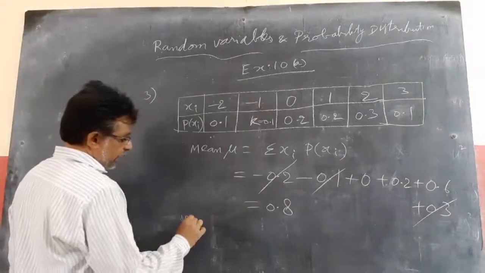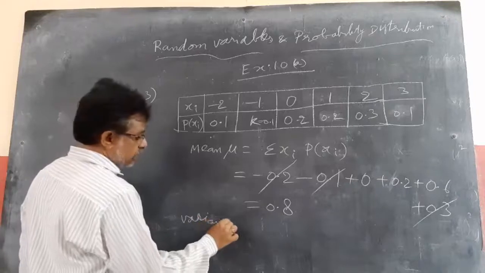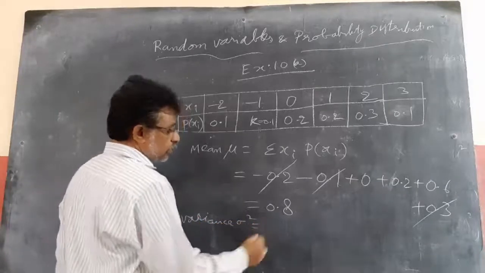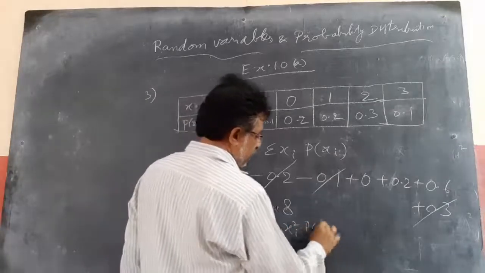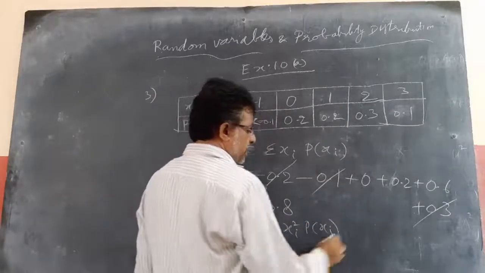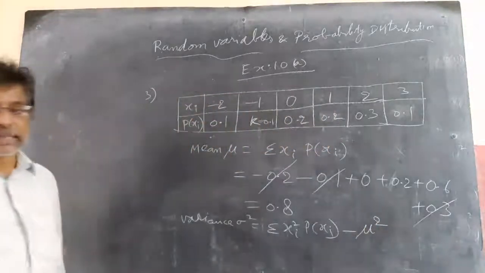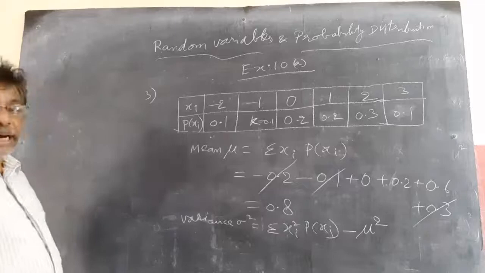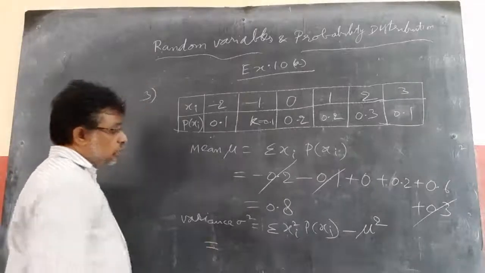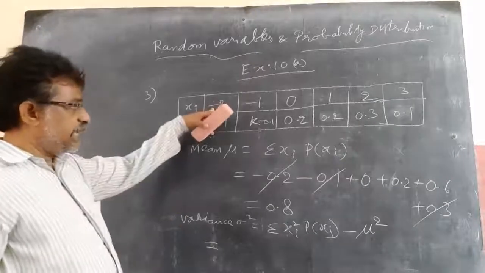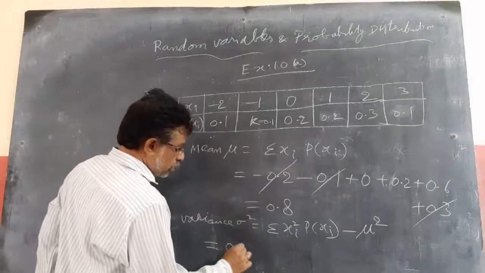Next, variance. Sigma square equals sigma xi square into P of xi minus mu square. Sigma xi square: minus 2 square is 4 into 0.1 is 0.4.